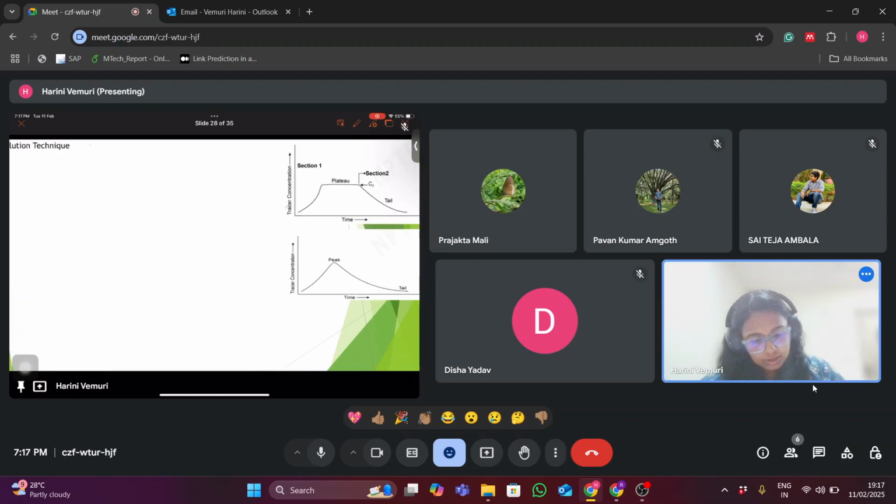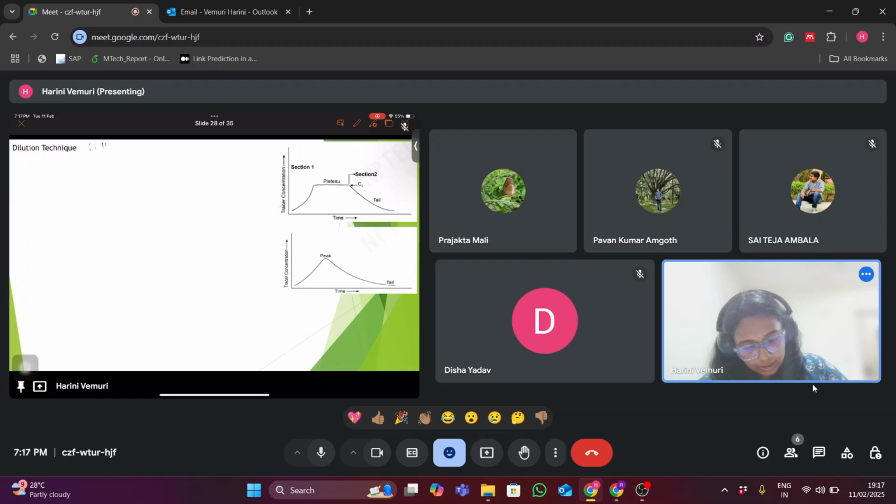Okay, it is a chemical method in which a tracer or a chemical will be injected into the stream, and we know the concentration of the tracer that we are injecting and at what rate also. At one particular point we inject, and as the stream is flowing, we make an assumption that the tracer is completely mixed with the flow.